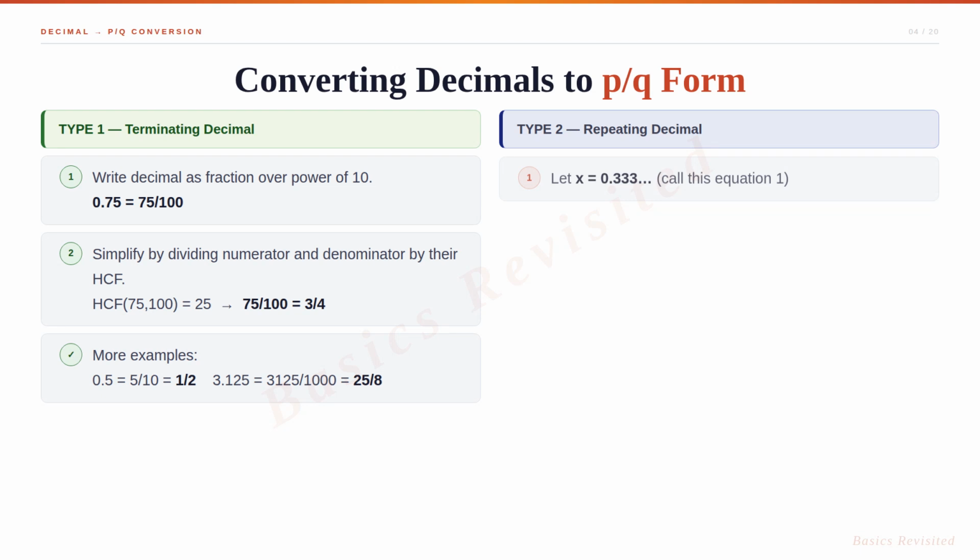Type 2, repeating decimal. Step 1. Let x equal 0.333 repeating. Call this equation 1. Step 2. Since one digit repeats, multiply by 10. So 10x equals 3.333 repeating. Call this equation 2.